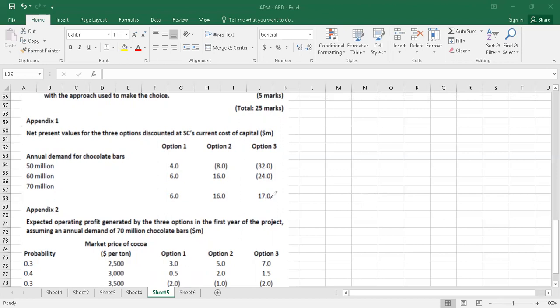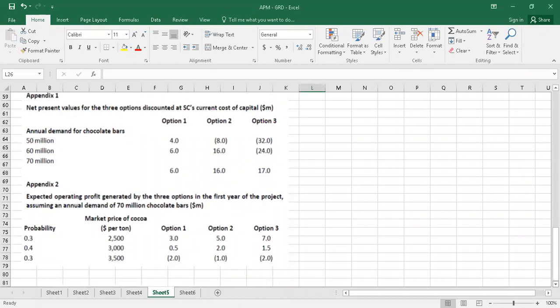Okay. Then we have Appendix 2. Appendix 2 says expected operating profit generated by the three options in the first year of the project, assuming an annual demand of 70 million chocolate bars. If the probability is 0.3, 0.4, 0.3, and the market price of cocoa is 2,500, 3,000, 3,500.